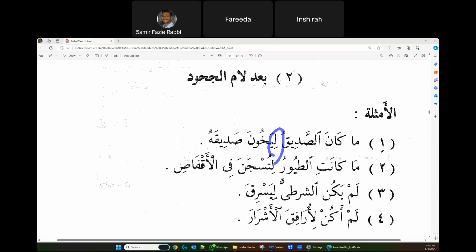But if you were to go kind of verbally or literally here, it would be: it was not for the friend to betray his friend. But really what the meaning of this sentence is, a friend should not betray his friend.